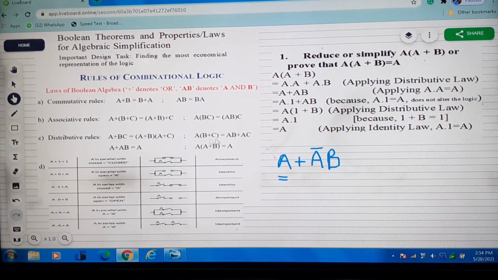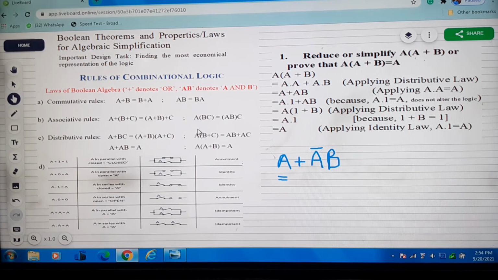So here we can factor out A, or we can multiply A with the expression to obtain this right hand side expression. Both will give the same result.